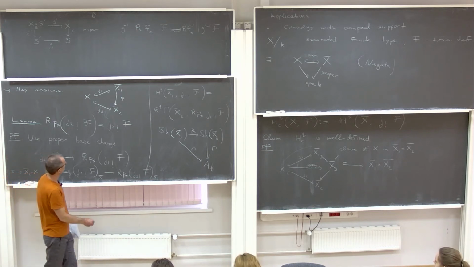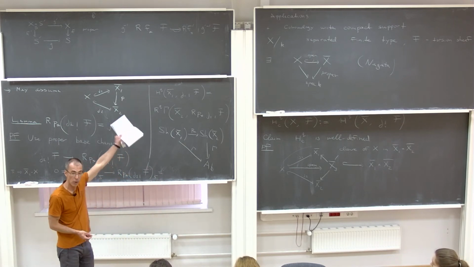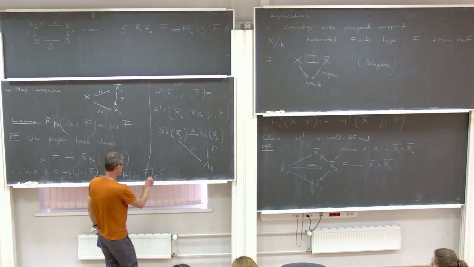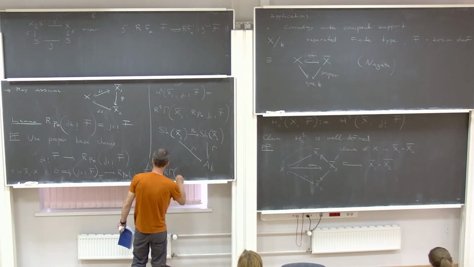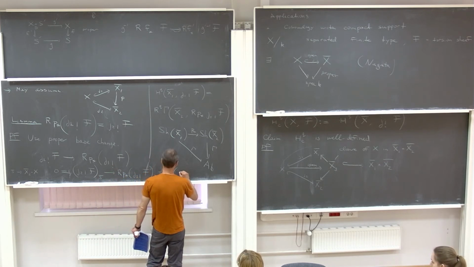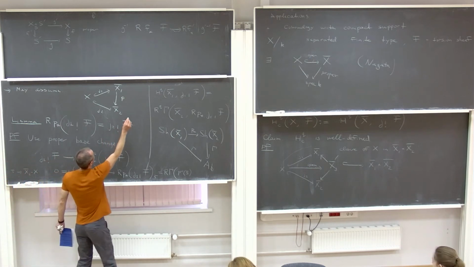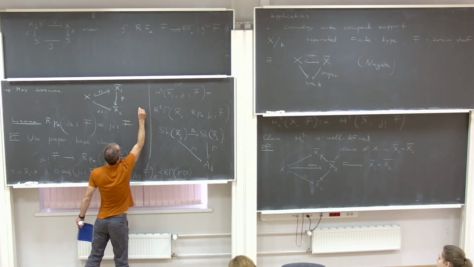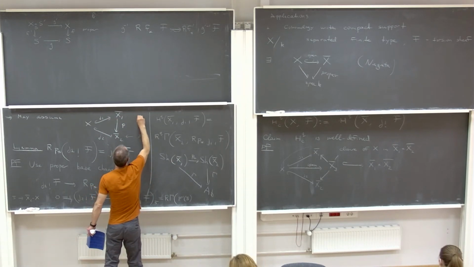But this is by the proper base change theorem. By the first formulation of the proper base change theorem, this is simply R Gamma of the fiber, let's say P inverse of S bar. I have a point S bar here, and I call the fiber P inverse of S bar.